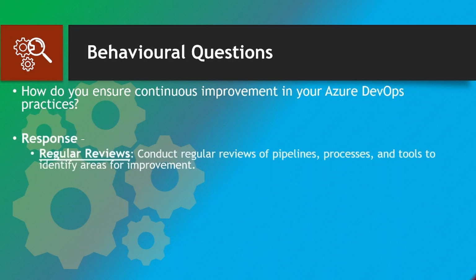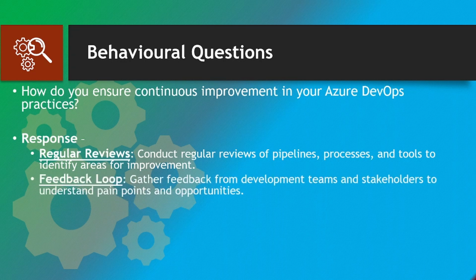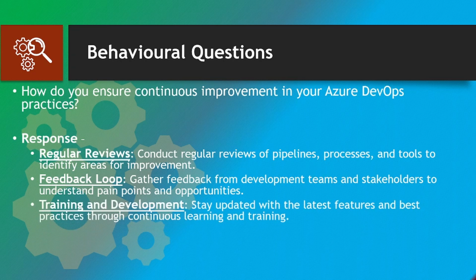Regular review. Conduct regular reviews of pipelines, processes, and tools to identify areas of improvement. Feedback loop. Gather feedback from development teams and stakeholders to understand pain points and opportunities. Training and development. Stay updated with the latest features and best practices through continuous learning and training.